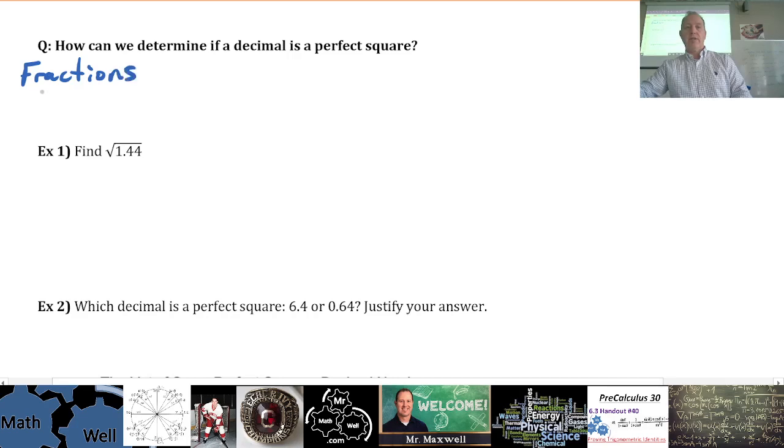Let's do fractions. We've got some rules for fractions. So we want to simplify the fraction. Simplify first.